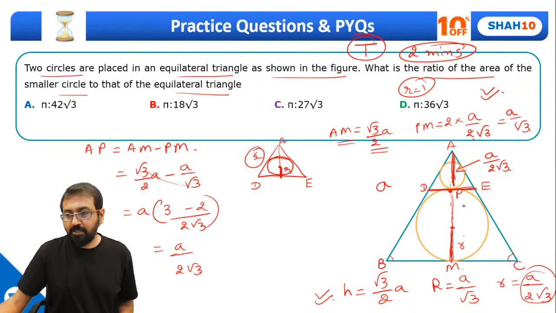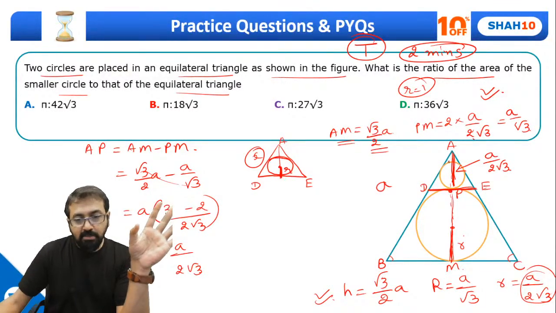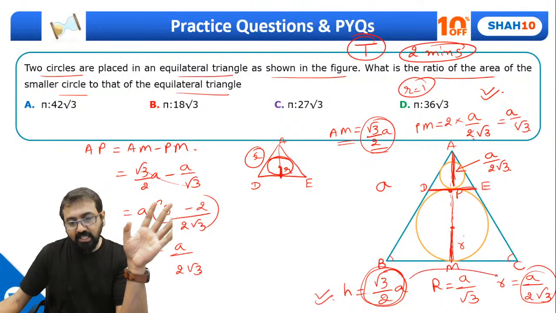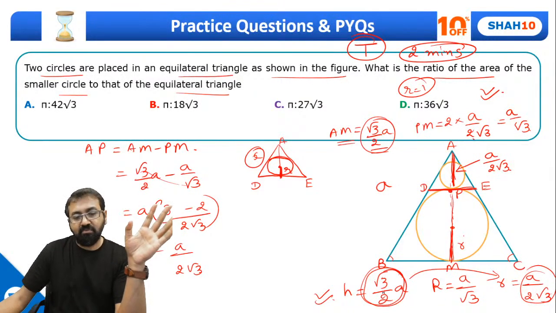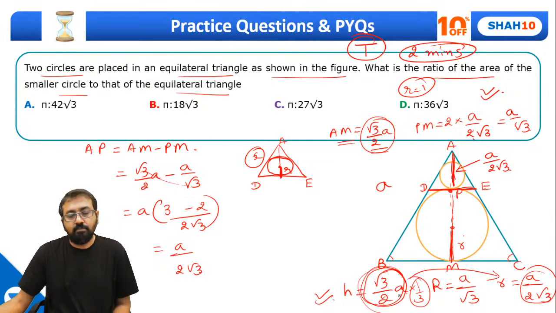Correct, everyone? Okay, now just look at this thing. I hope it is not becoming complicated. Guys, look at the bigger triangle. If this is the height, then what is the in radius? If height is root 3 by 2 a, by what factor should I multiply height to get my in radius? Can I say I need to make it 1/3?